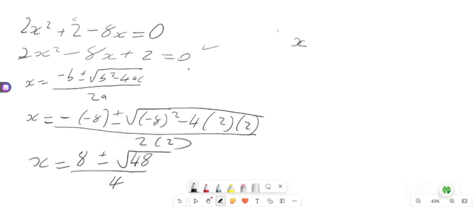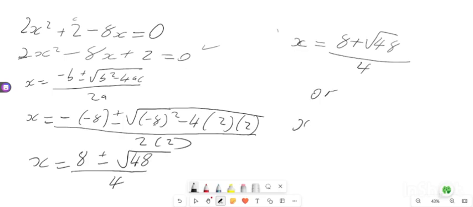So x equals, since it is plus or minus, first take the plus: 8 plus root 48, divided by 4.